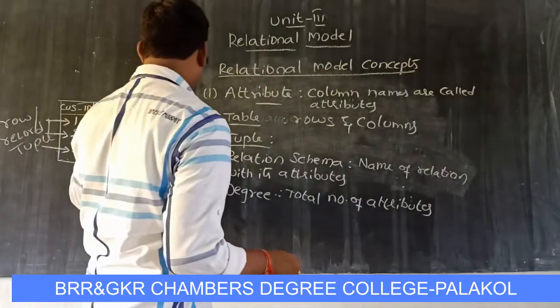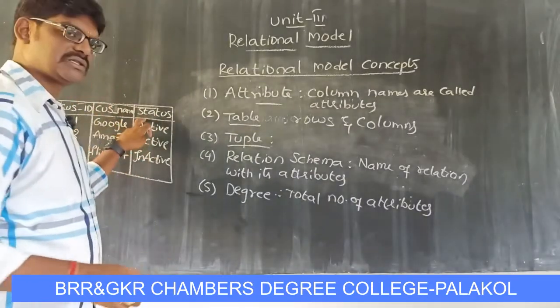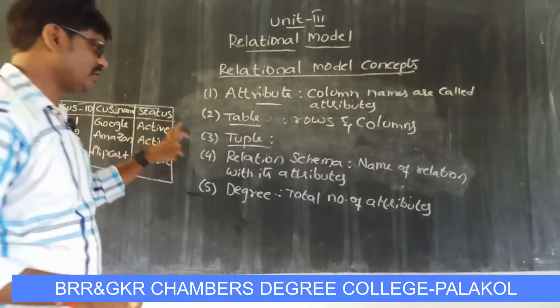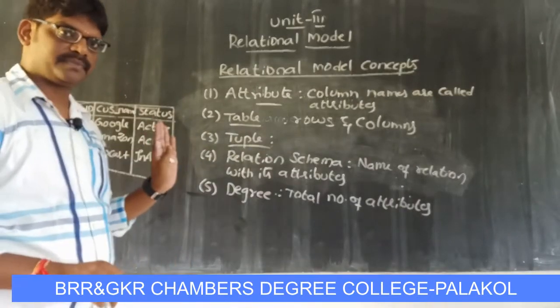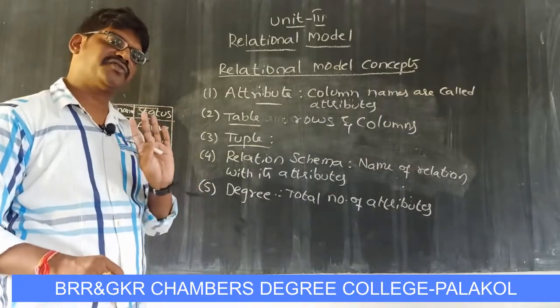How many columns are presented here? Here 3 columns: customer ID, customer name and status. So what is the degree of this table? 3. If the table contains 5 columns, the degree of the table is 5.